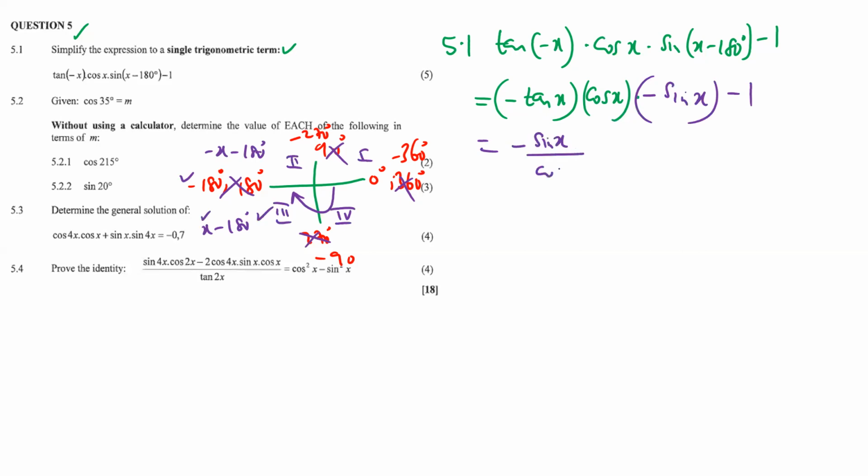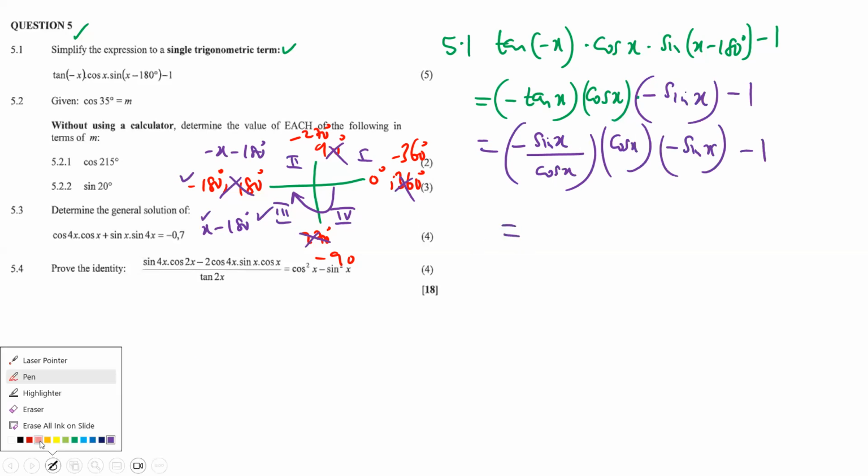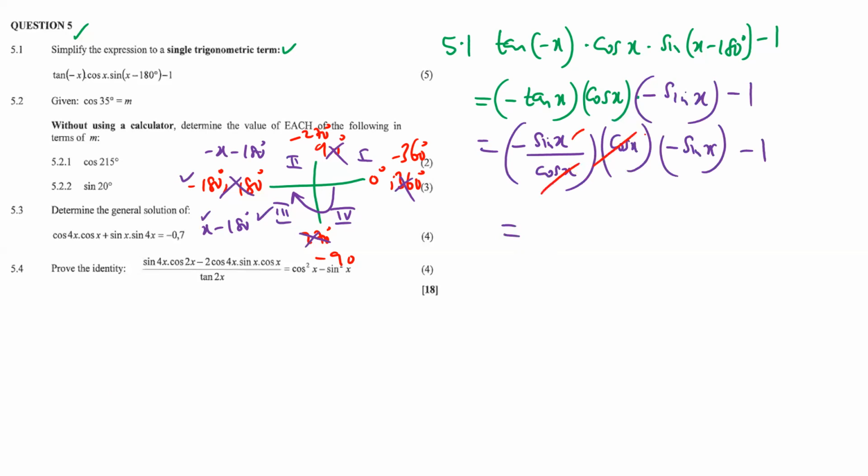Sine x over cosine x, times cosine x, sine x. Negative. So cosine cancels out. You multiply the minus sign, and what you're getting is the sine squared of x minus 1.